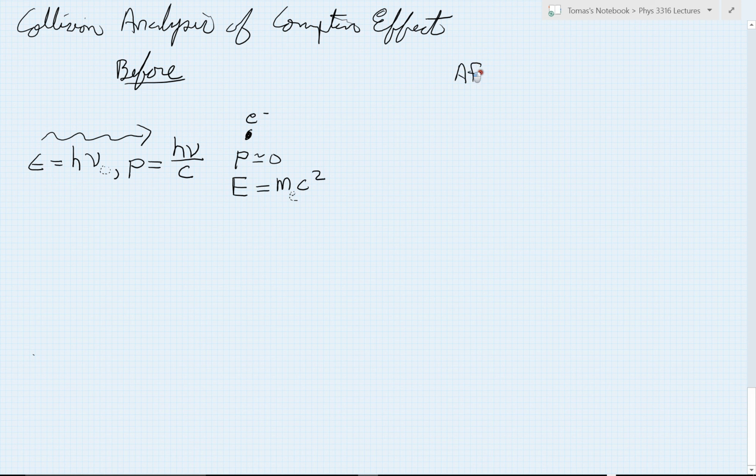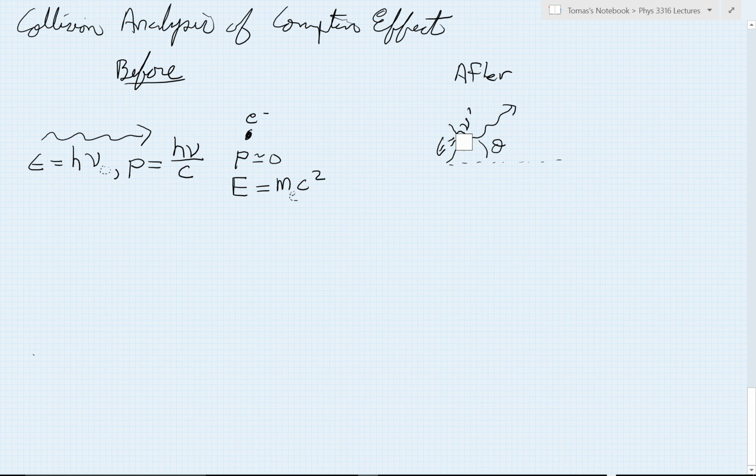After the collision, we have two things going on. First, we have our photon now that is going up into our detector, right? And it has scattered up now at an angle theta because we have placed our detector up here and we're only looking at radiation coming off at an angle theta. The energy of this outgoing photon then will be h times the new frequency, which we will call nu prime.